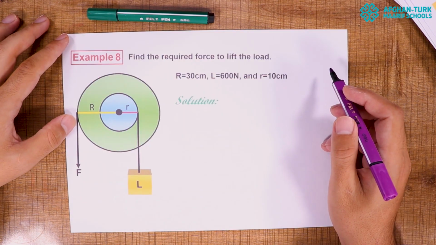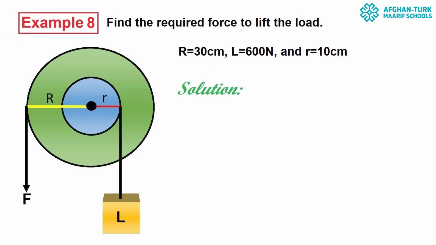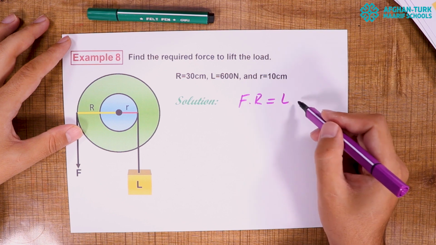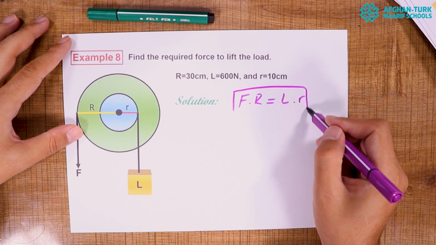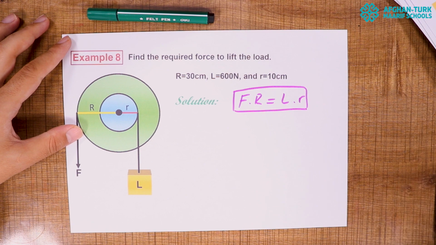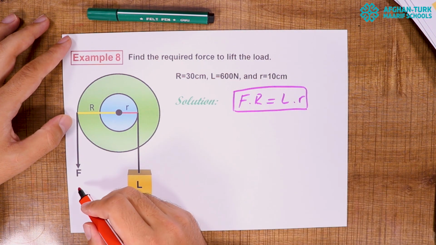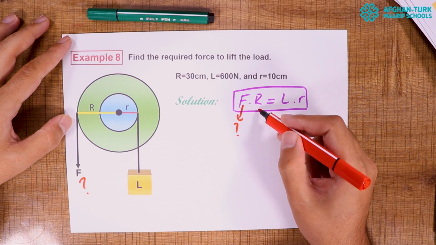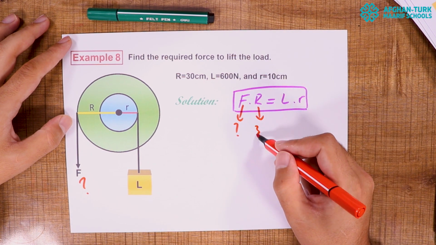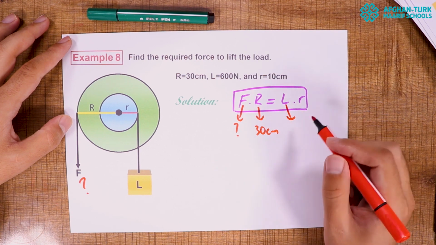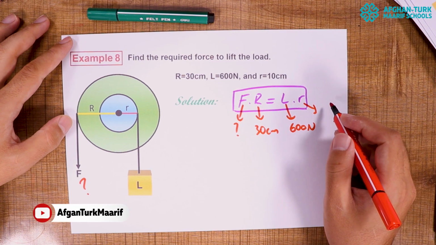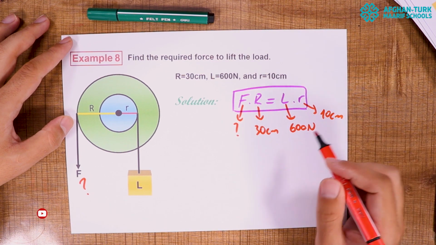Example says find the required force to lift the load. And my formula was F times R, big R, is equal to load times the small r. Again, I am trying to find the force here. R given as 30 centimeter and load given as 600 Newton, and the small r given as 1 centimeter.